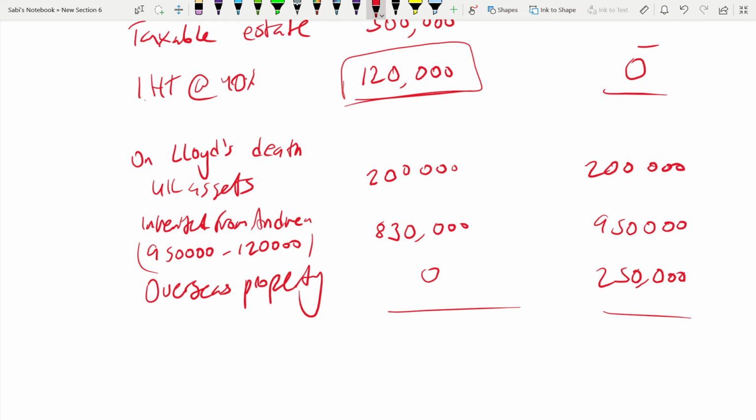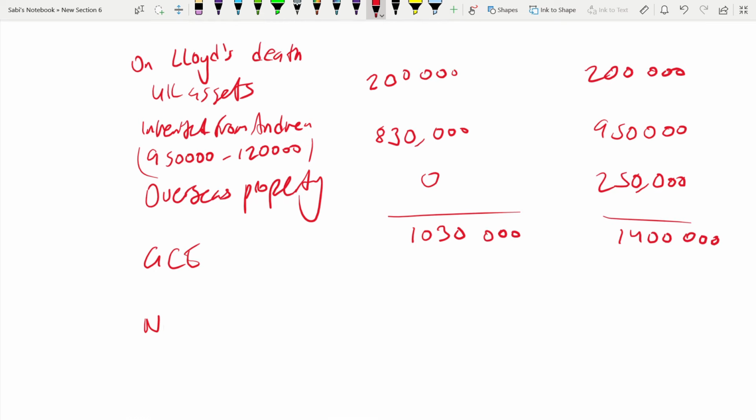So gross chargeable estate is 1,030,000 in one case and 1,400,000 in the other. Now, NRB, nil rate band. There is a note to this and there will be a note next to this.